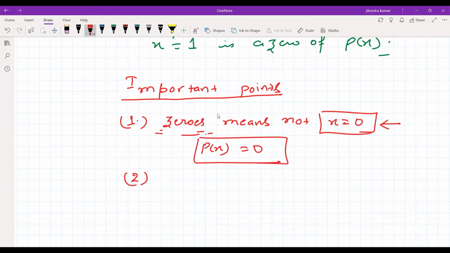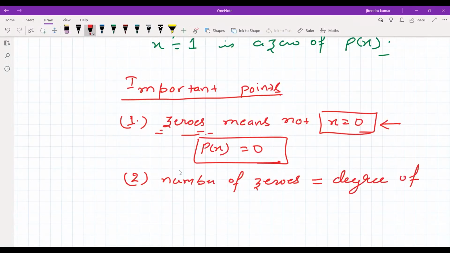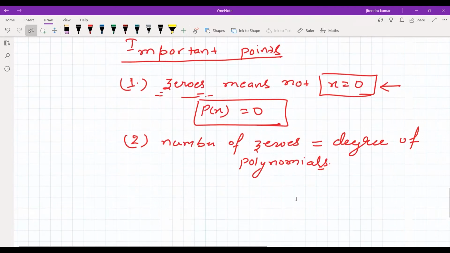Okay, then number of zeros is equal to degree of polynomial. Number of zeros is equal to degree of polynomial.